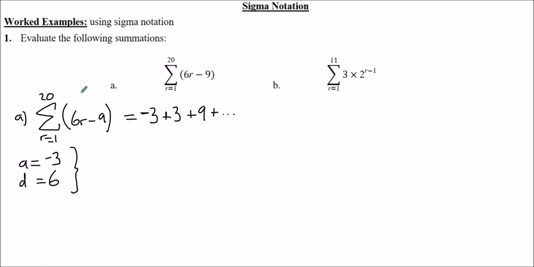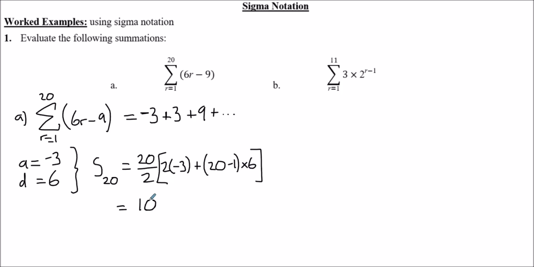Therefore, the sum of the first 20 terms, if I was going from 1 to 20, is half n, so it's 20 over 2, times 2 lots of the first term, so 2 times minus 3, plus the number of terms, 20 minus 1, multiplied by the common difference, which in our case is 6.